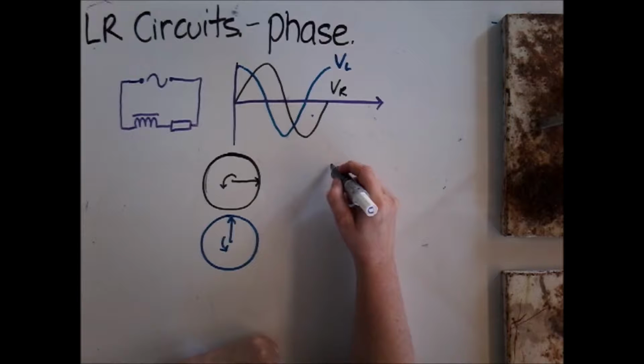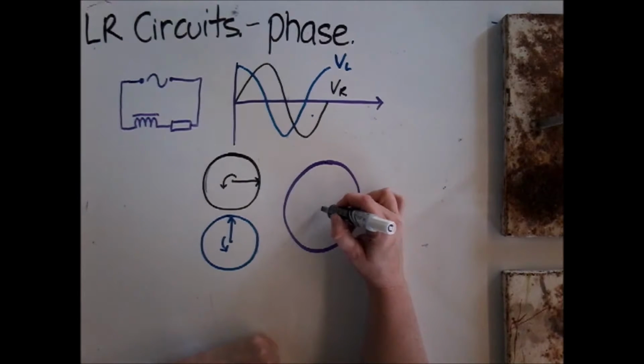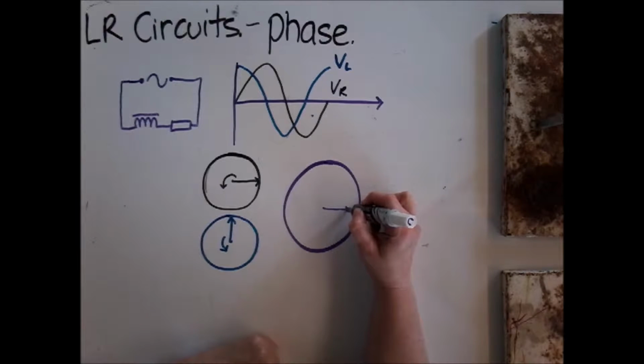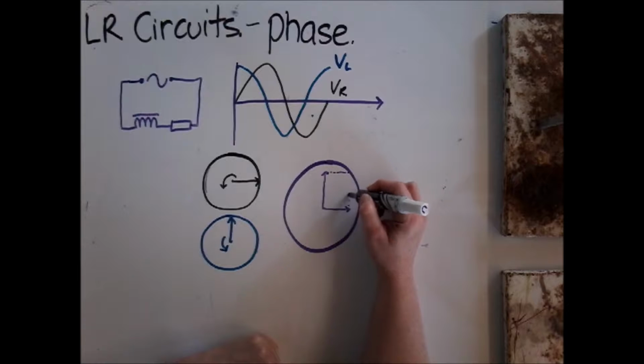So I'm going to draw it big this time. But what we're going to find is that here's our resistor voltage, here's our inductor voltage.